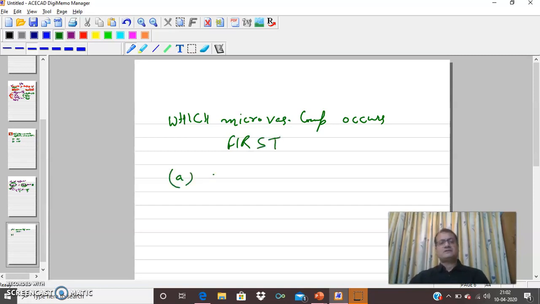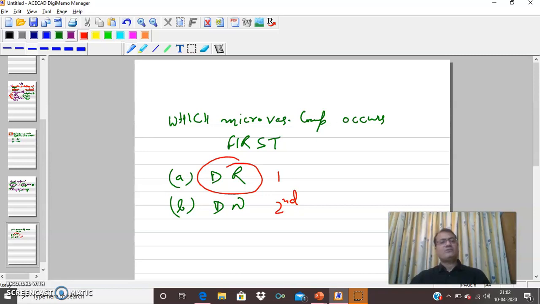Is it diabetic retinopathy, or is it diabetic nephropathy? So yes, you're right. The answer is diabetic retinopathy occurs first, and then occurs diabetic nephropathy, right?